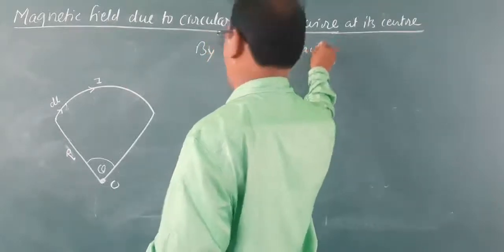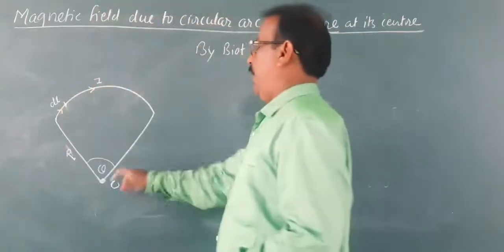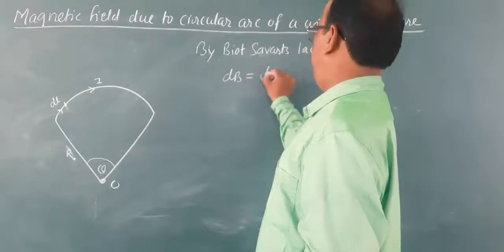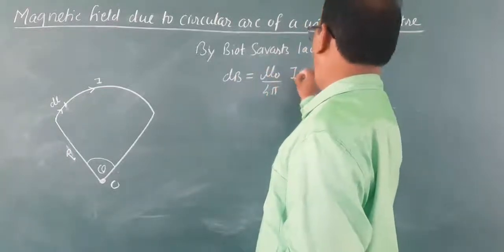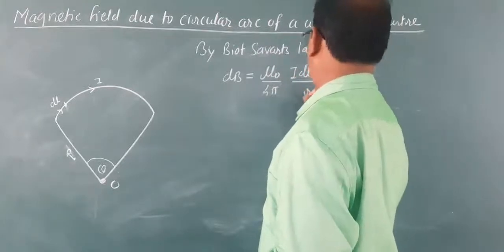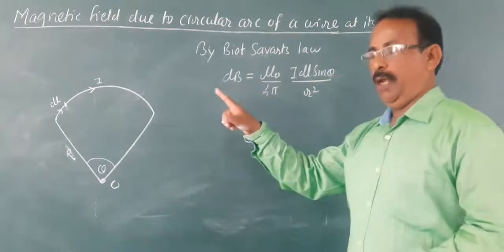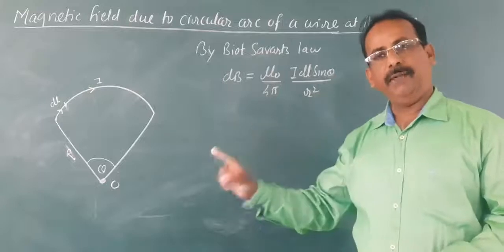The magnetic field produced by the small element at center dB is mu 0 upon 4 pi, I dl sin theta upon r square. Theta is angle between length vector of that element and position vector of the point, which is here 90 degree.